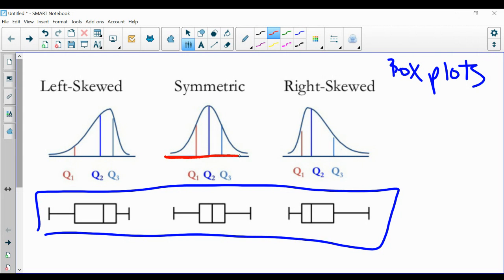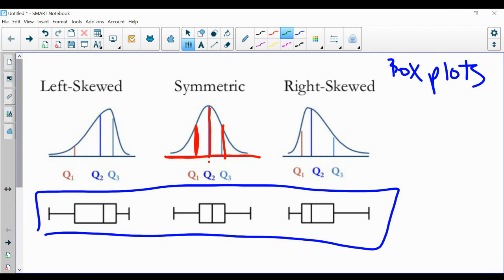Wherever your Q2 is, you draw that line up. Wherever your Q1 is, you draw that one, and that's always going to be a little bit lower, because remember that our Q1s and our Q3s are talking about the medians of our upper and lower halves of our data, so that isn't going to be as large as our Q2. So they're both going to be a little bit lower.